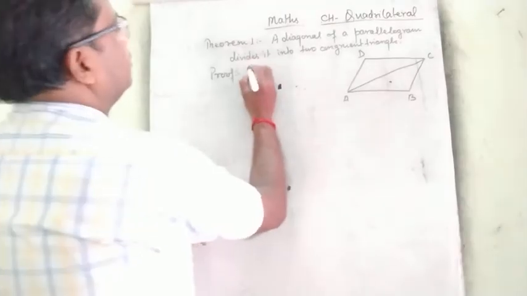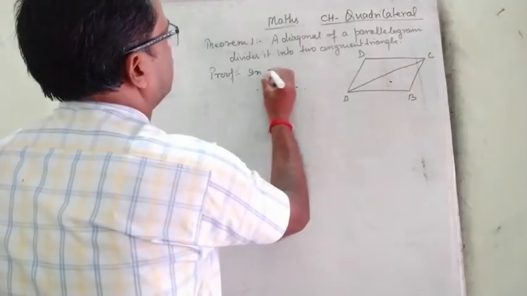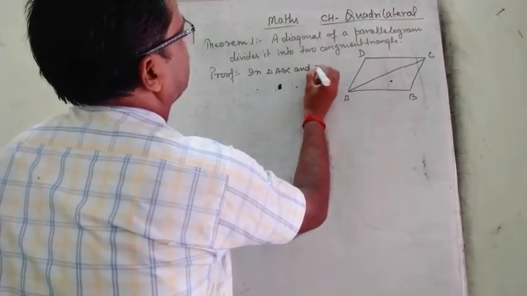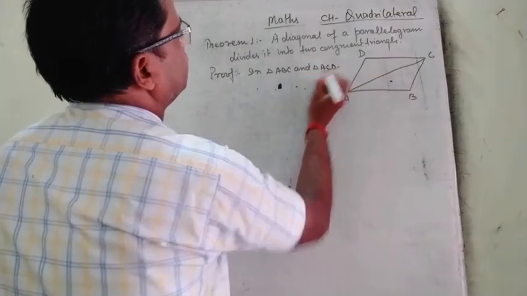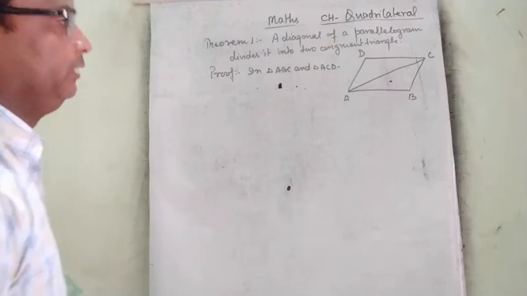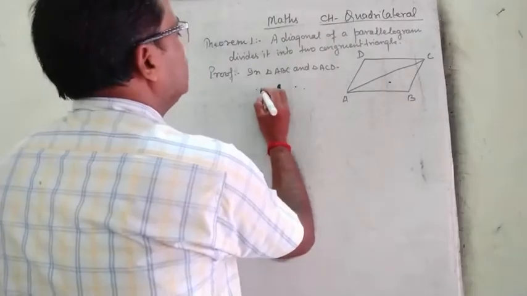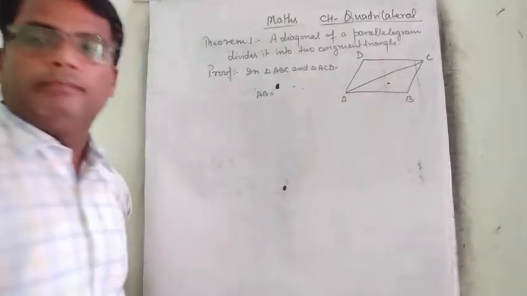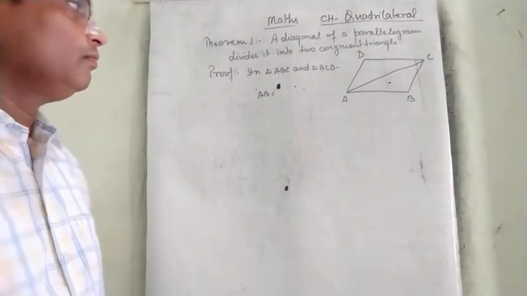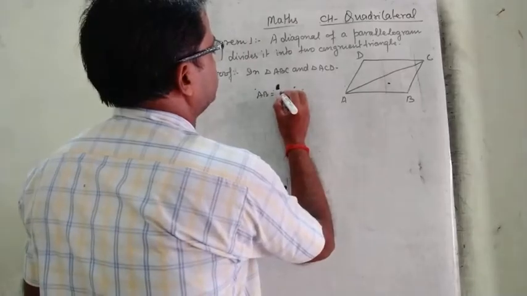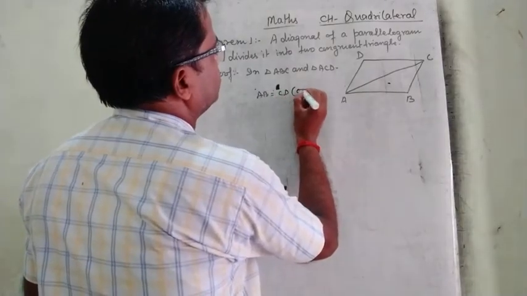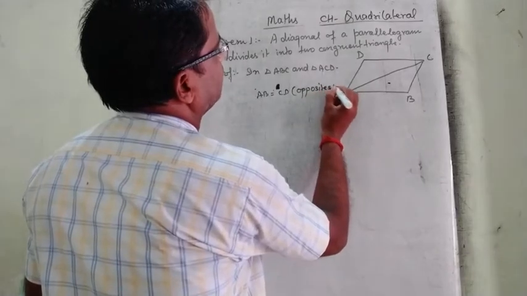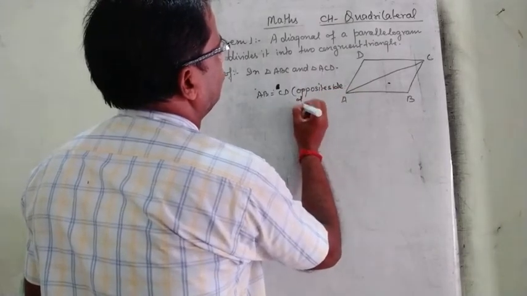In triangle ABC and triangle ACD, AB is equal to CD, opposite sides of a parallelogram.